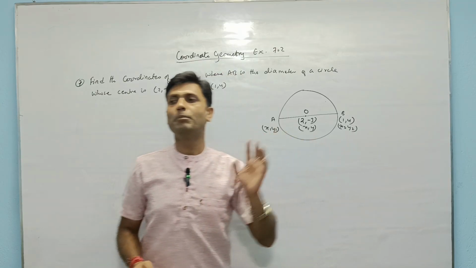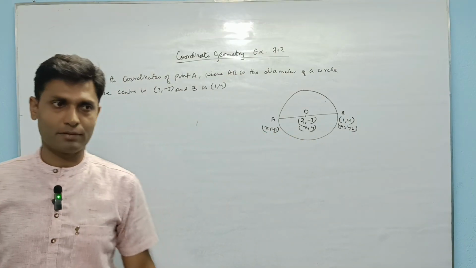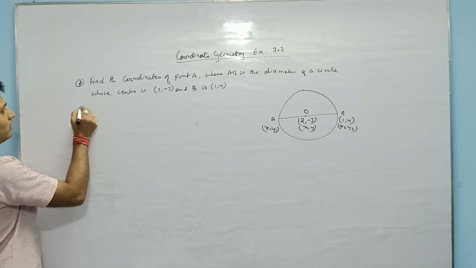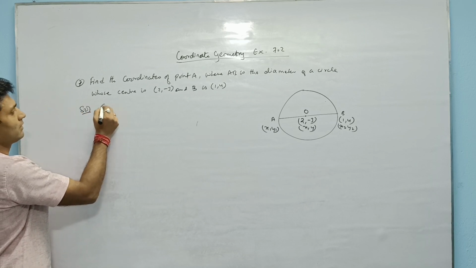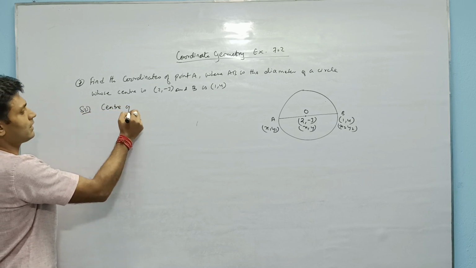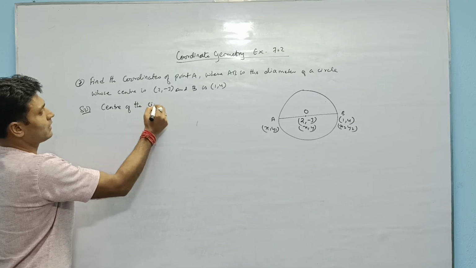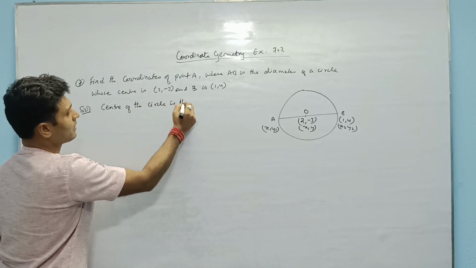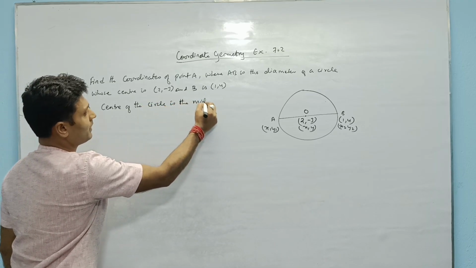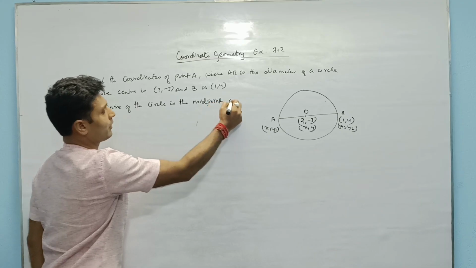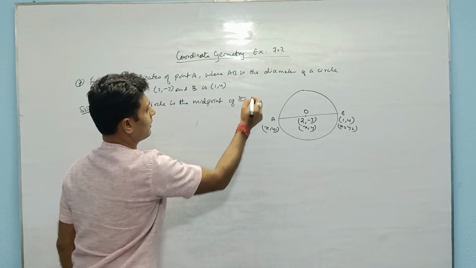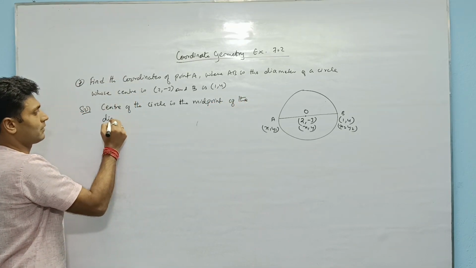Center is the midpoint of the diameter. Okay. So we can say here, center of the circle is the midpoint of the diameter.